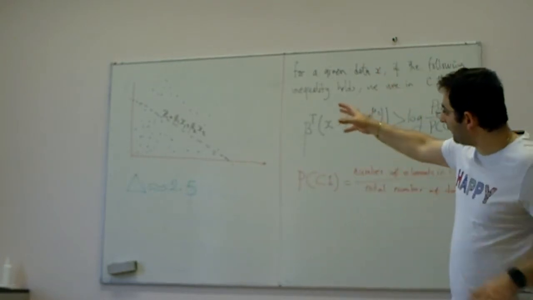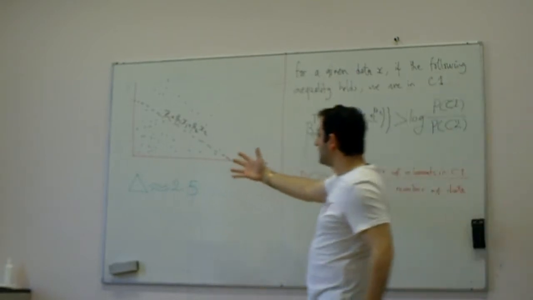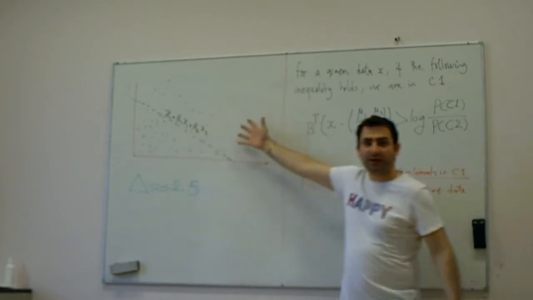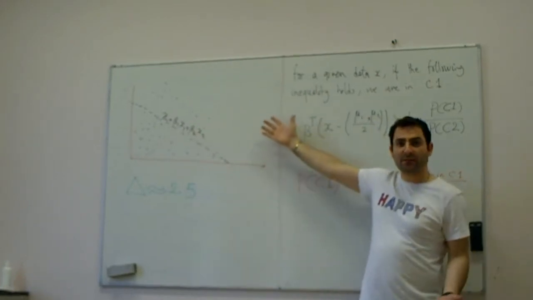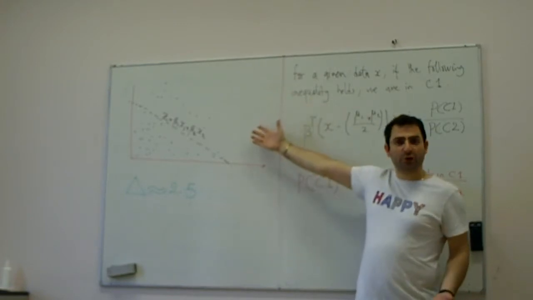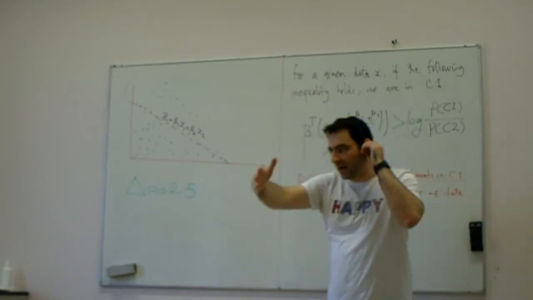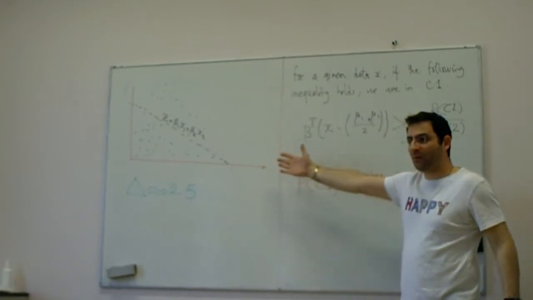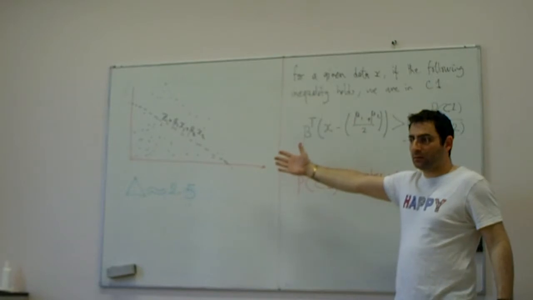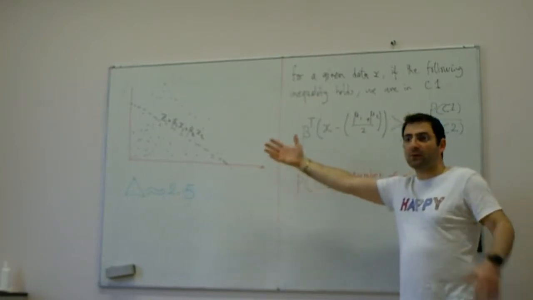Tell me about this graph. Let's say blue is C1, green is C2. So what is the meaning of overlap?